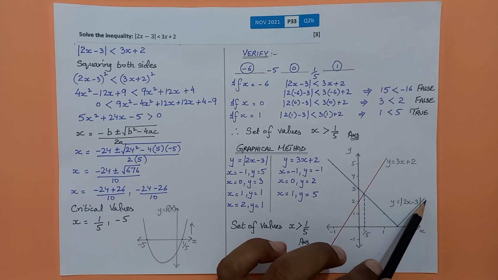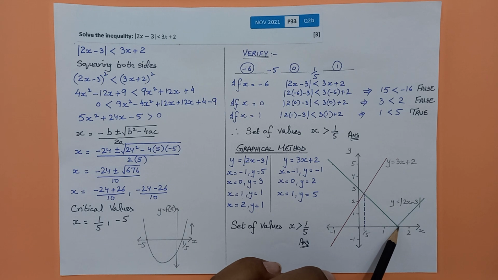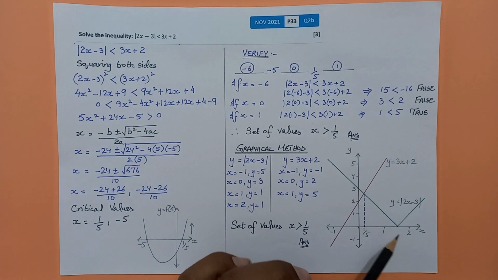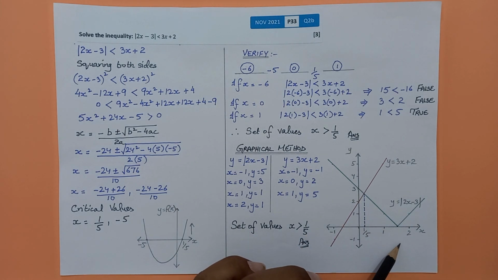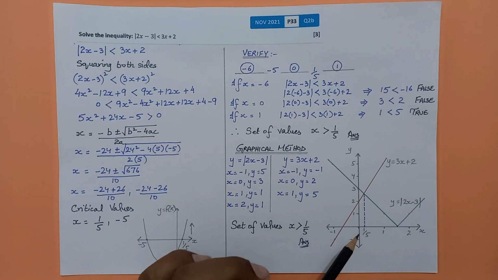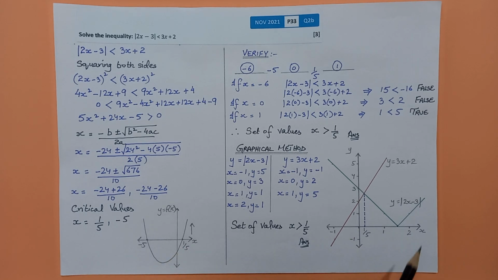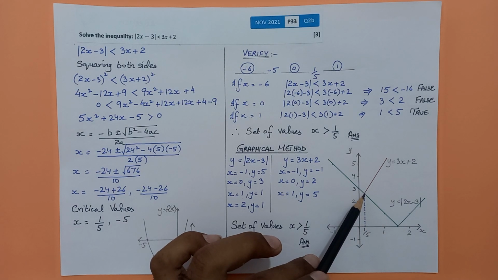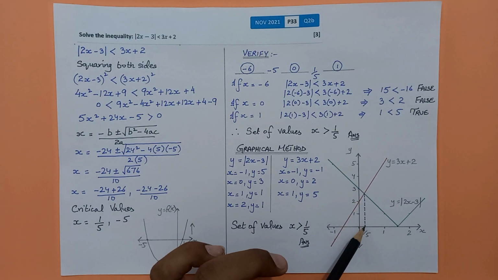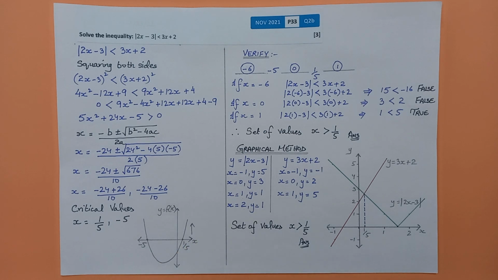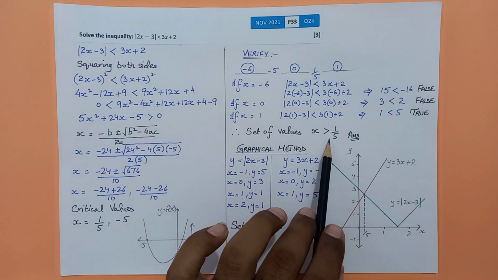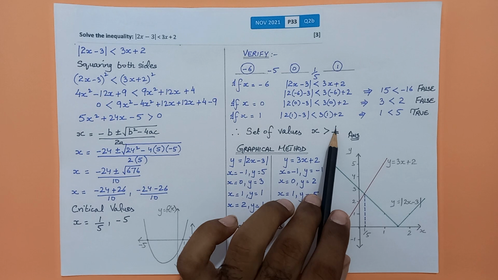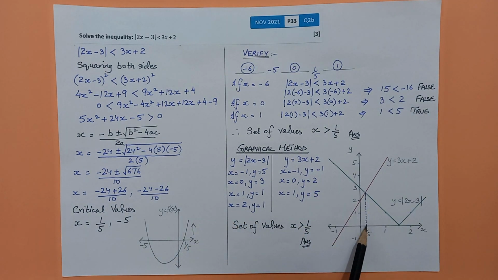That is why we can observe that the graph is touching the x-axis and bouncing back. It is never going below the x-axis because below the x-axis y is negative. After looking at the two graphs, we have observed that the intersection point is just 1/5. And definitely over here also the set of values was 1/5.